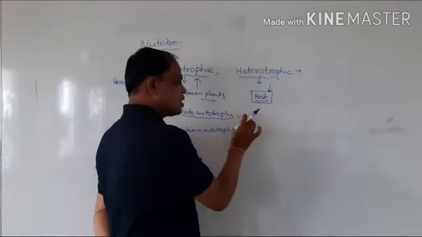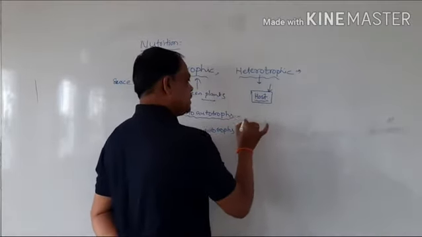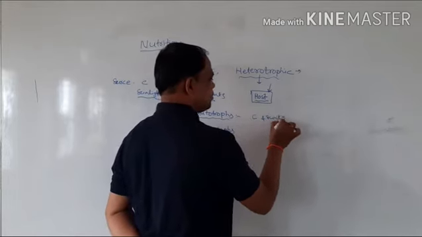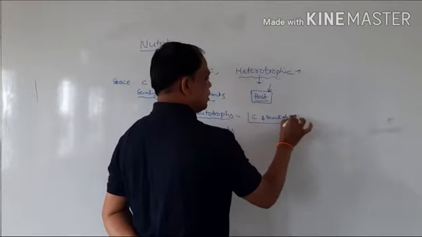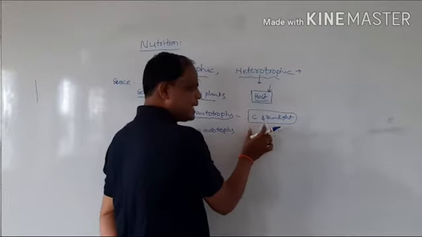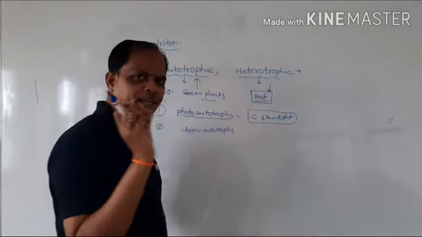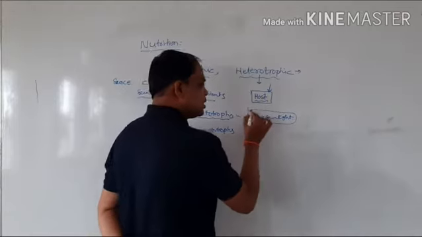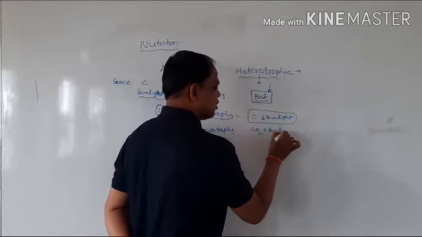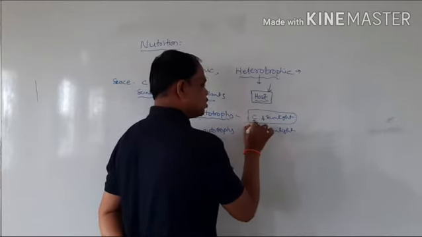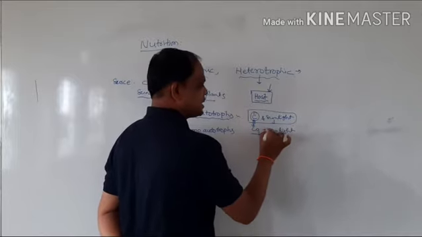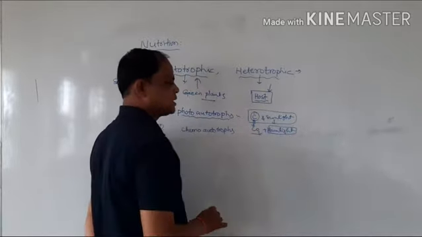This is a very important point: photoautotrophs depend on environmental CO2 as the carbon source and directly on sunlight.